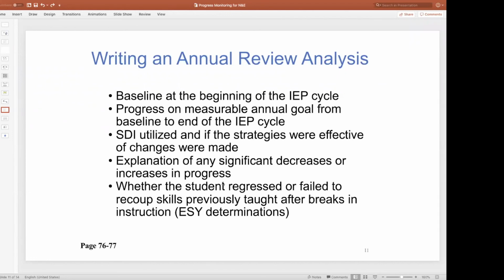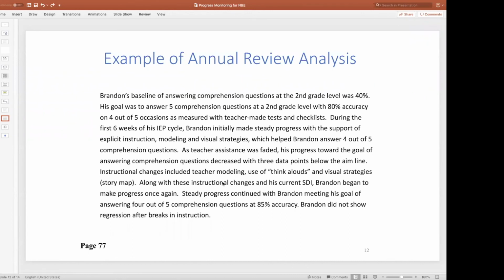And it could be talking about the changes, the scaffolding or modeling or whatever you're doing for your SDI. And at the end, you're going to talk about did he make progress? Was progress at the rate that you wanted him or her to have? So that's the piece that they're wanting you to put in there to show that the child either needs ESY or does not need ESY.